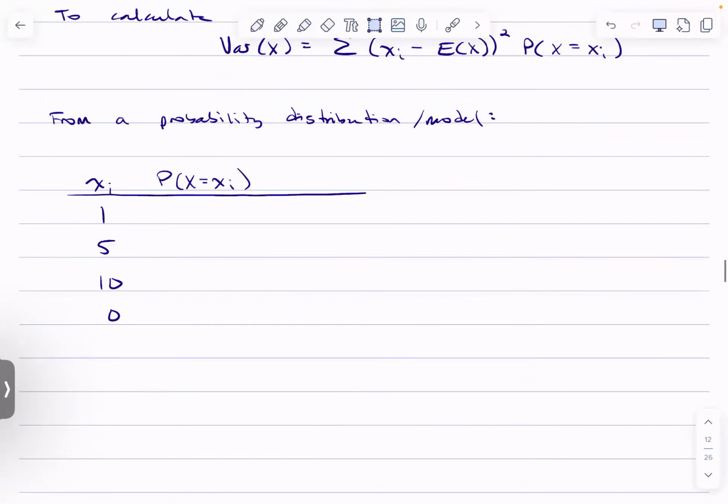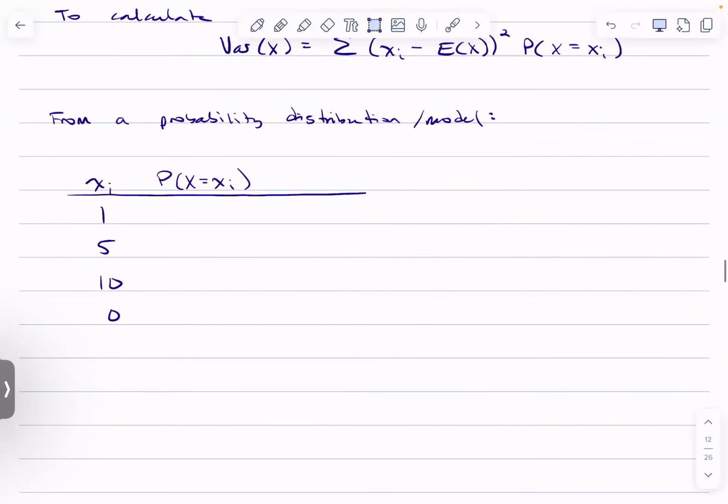And then we have to square it so that we're not adding negatives. Because they'll cancel, and that's not how the spread works. Just because you're below the mean doesn't mean that you get to cancel the spread. That's part of the spread.